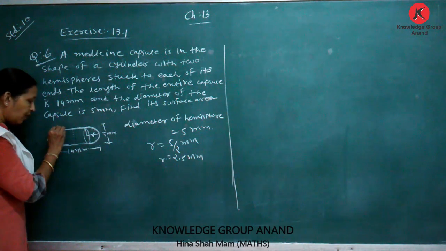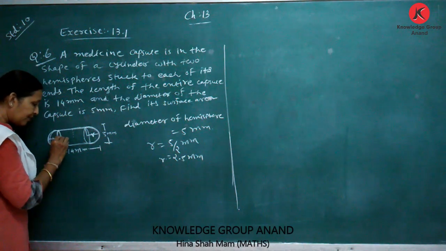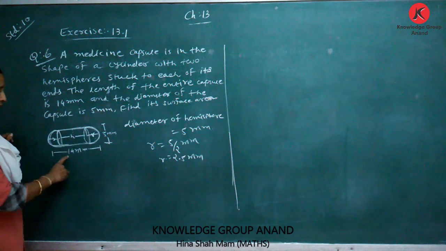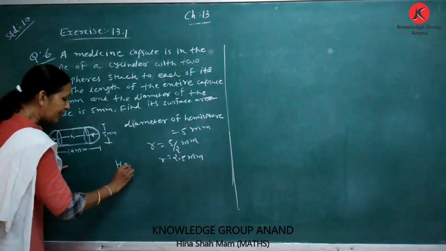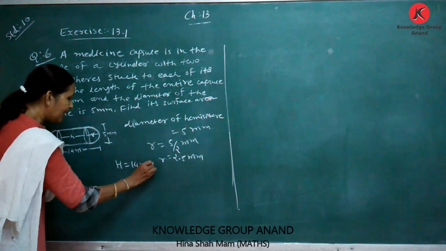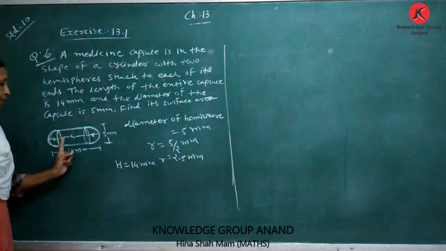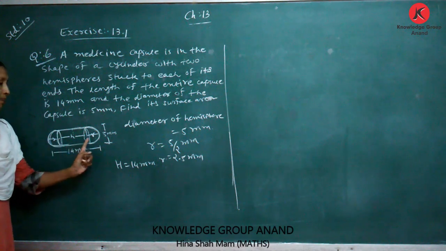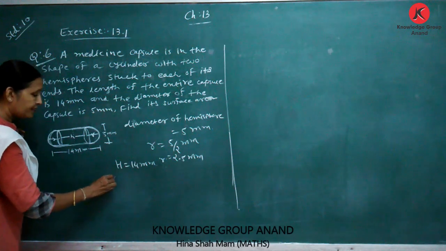Now the height of the cylinder, we say h. Capital H is the entire height, which is 14 millimeter. Capital H is the sum of r plus h plus r, which is equal to 14.